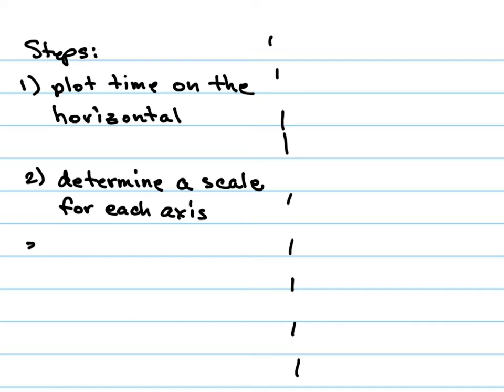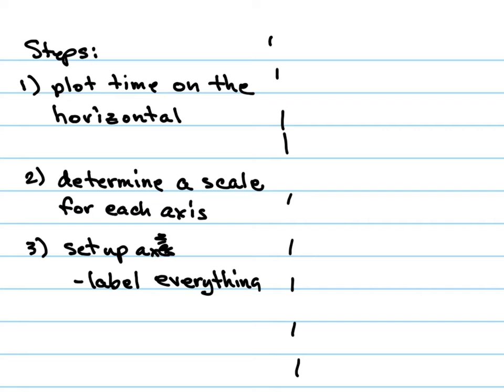Okay? Third, you're going to set up the axes. Now, when you do that, remember, label everything. And again, we'll look at examples of what this means, but make sure that you're labeling everything. And always in mathematics, use units.